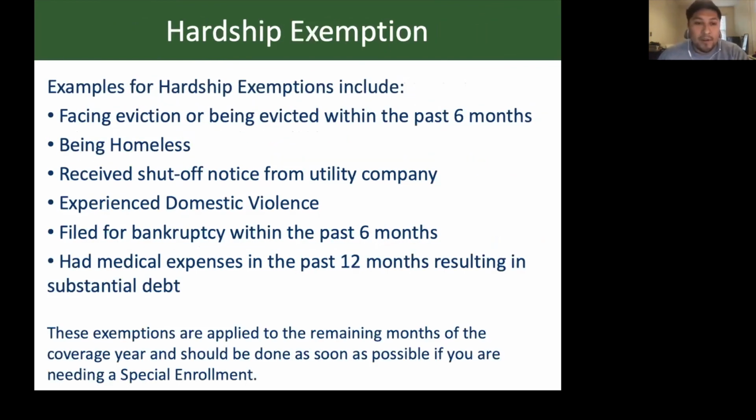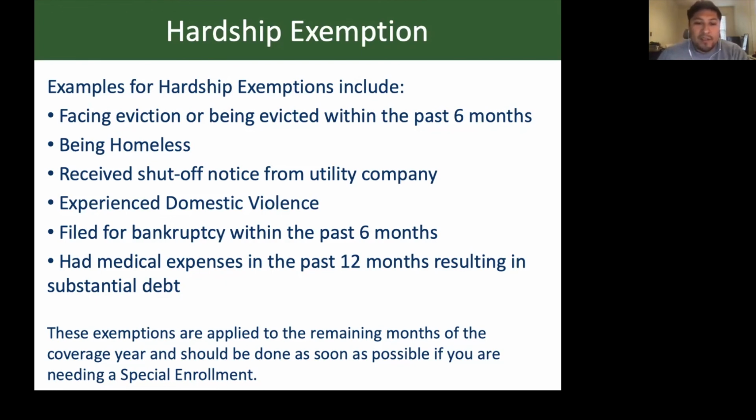Hardship exemptions are the following. So if you faced an eviction or you were evicted in the past 6 months, if you were homeless, if you received a shutoff notice, experienced domestic violence, filed for bankruptcy within the last 6 months, or had medical expenses in the last 12 months resulting in substantial debt.